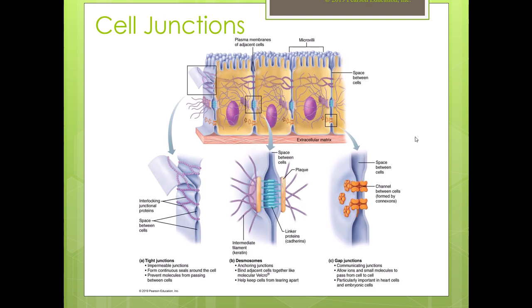All 3 cell junction types use proteins, different types of proteins for the different types of junctions. The tight junctions use interlocking proteins to make the cells impermeable to each other, like a seal around the cell, so that stuff cannot move very easily from one cell to another. One of the places where tight junctions are really important is in the blood vessels in our brain.